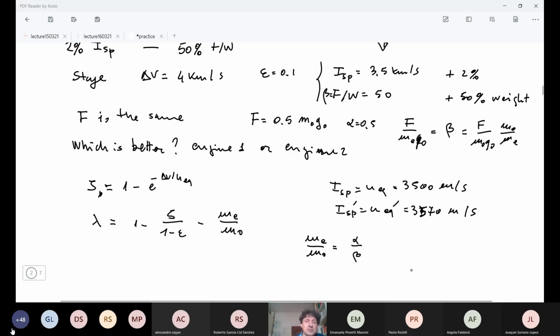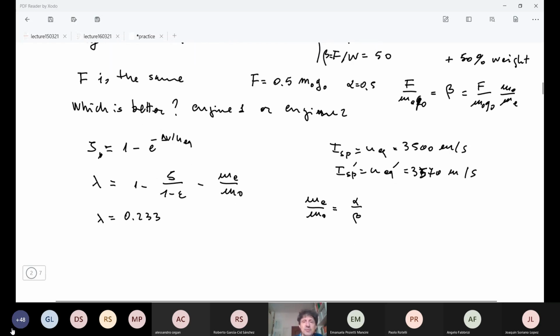So in the first case, we already have our value, lambda equal to 0.233. In the second case, we have a different beta, and this will be W multiplied by 1.5.